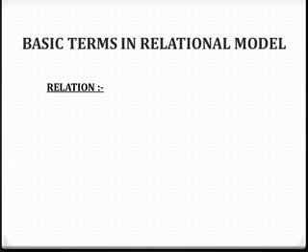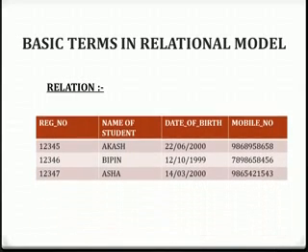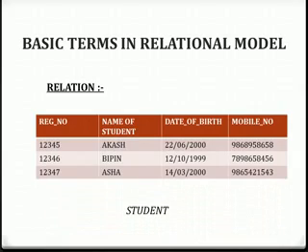All the data will be stored in the form of a table, that is, in rows and columns. You can see here it is the same as Excel. It is in the format of a table.